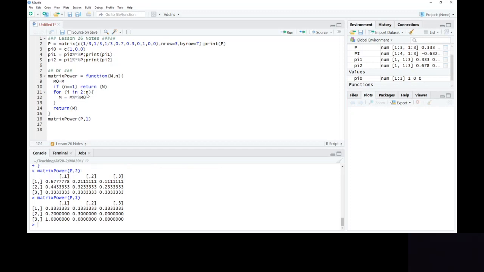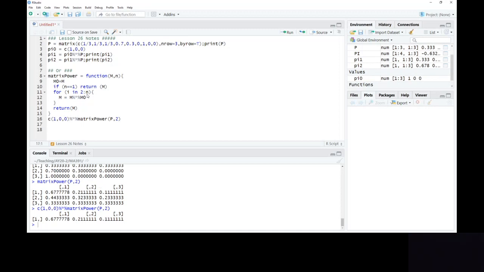All right, so if it's equal to 1, then it just returns itself, which is what we want. And then if it's 2, then it multiplies. So let's see what happens when I do C of 1 comma 0 comma 0 matrix time. And we get what we had before.